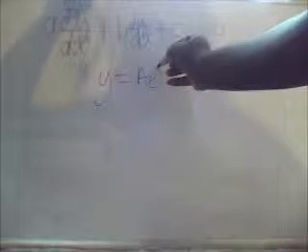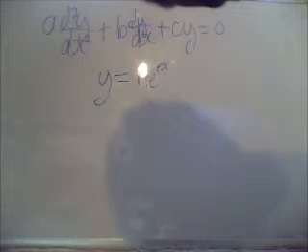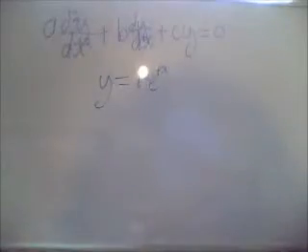So our first thing is we're going to assume that one solution to the equation is a nice simple form of something similar to this. So let me write it on the board. y is equal to A times e to the px.